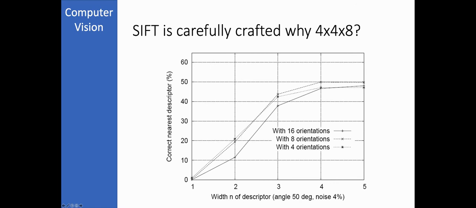But after 8 orientations, I also see a saturation. David Lowe looks at these plots and identifies this point, specifically using 4x4 blocks with 8 orientation histograms, to be a trade-off between good accuracy and computational complexity. So it can be implemented very fast while being accurate.